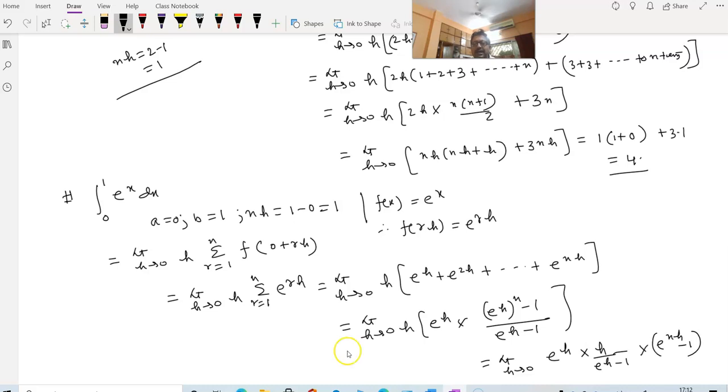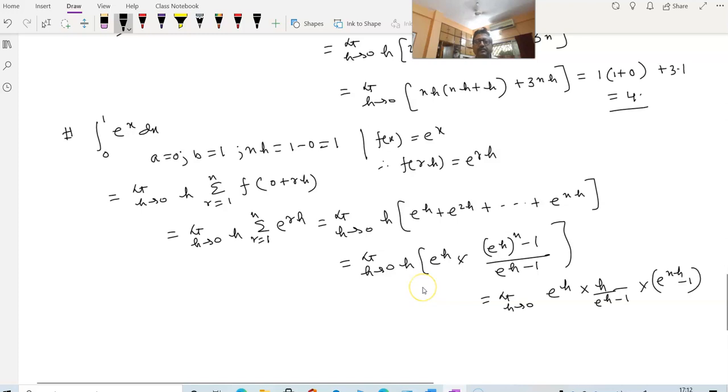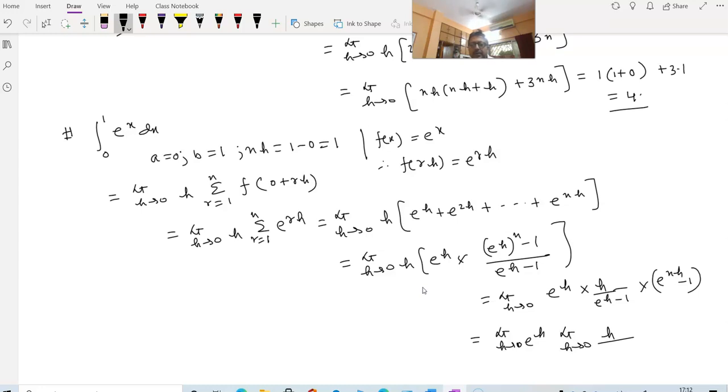We can see that because nh is equal to b minus a, if you separate, it will be limit h tending to 0 e to the power h multiplied by limit h tending to 0 h by (e to the power h minus 1). So this will be 1, this is 1. Answer is e minus 1.